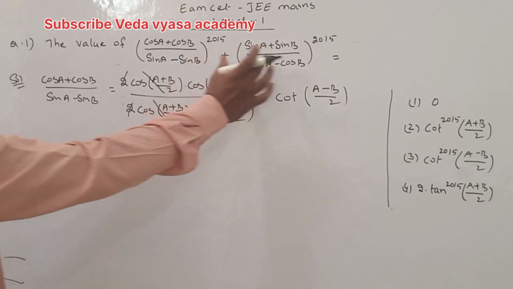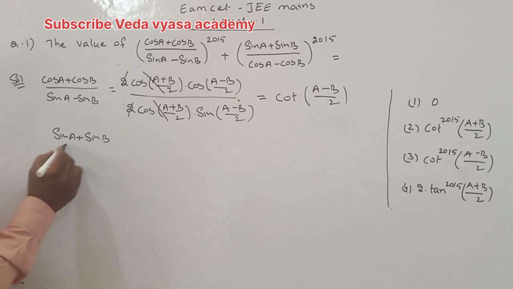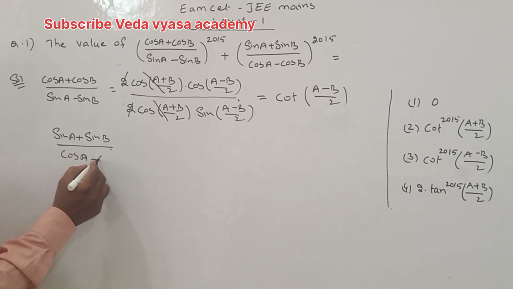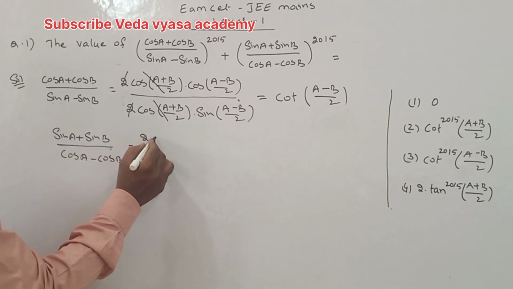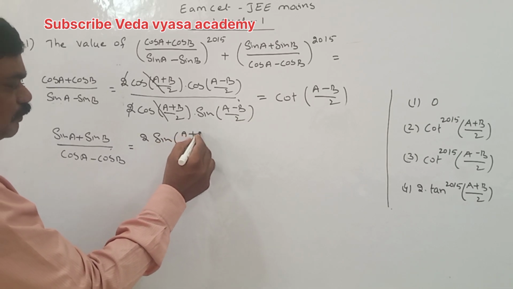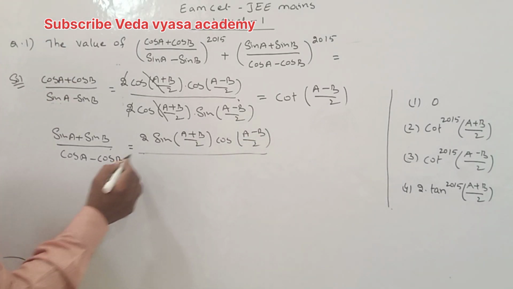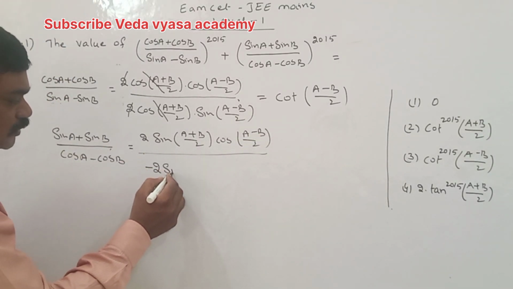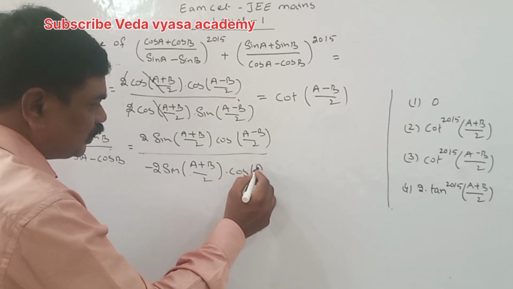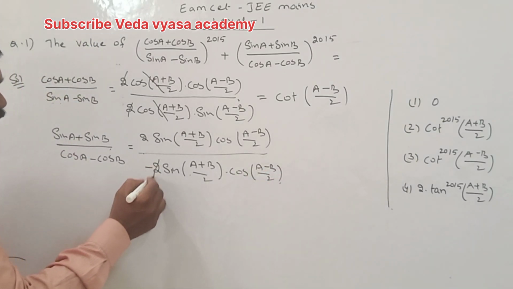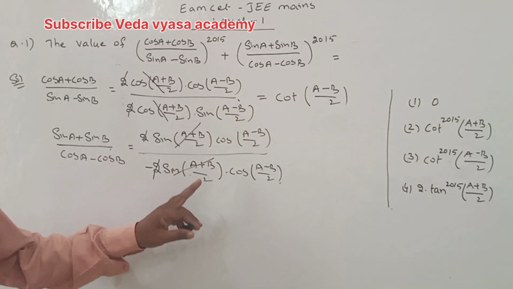Okay, then you take the second one. This is sin A plus sin B by cos A minus cos B. The numerator, by the sin C plus sin D formula, is 2 sin of (A+B)/2 into cos of (A-B)/2. The denominator is minus 2 into sin of (A+B)/2 into sin of (A-B)/2. The 2 cancels, and sin of (A+B)/2 cancels.